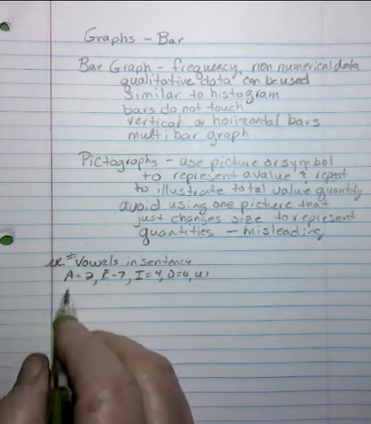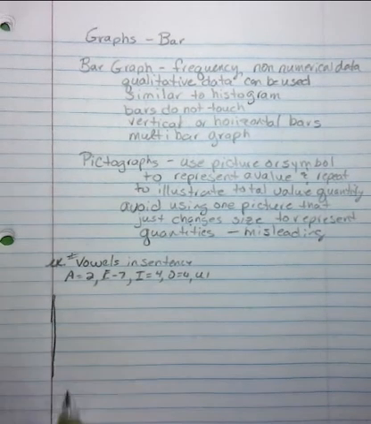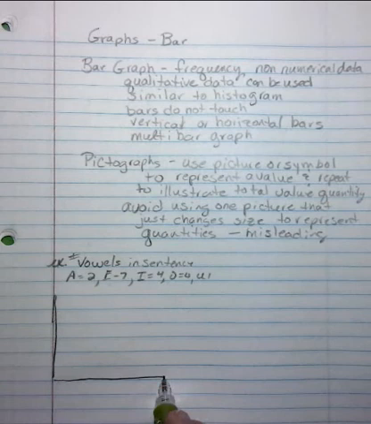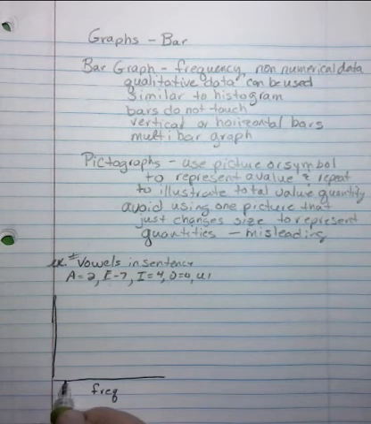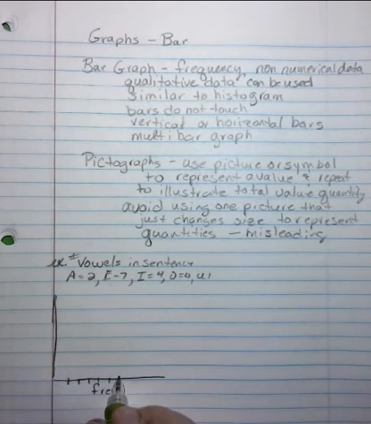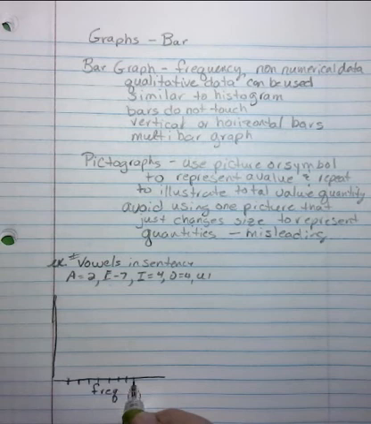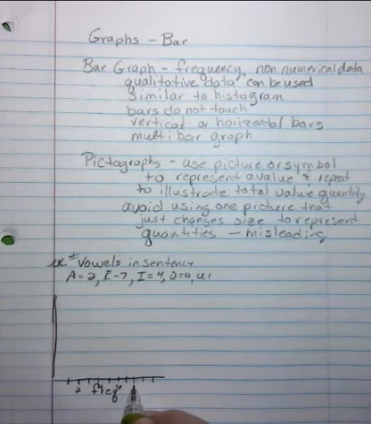If we wanted to make this a horizontal one, we would put the frequency here on the bottom and draw our scale. It's always important that you use equal units and that you label your units.